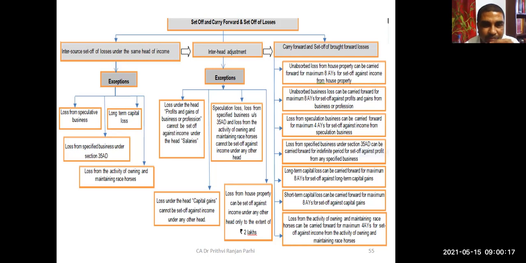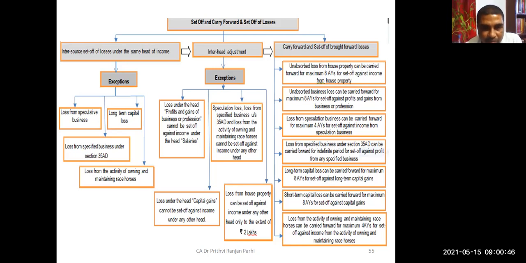The second one says that the loss under the head capital gains cannot be set off against income from any other head, but the loss from the other heads can be set off against the income from capital gains.